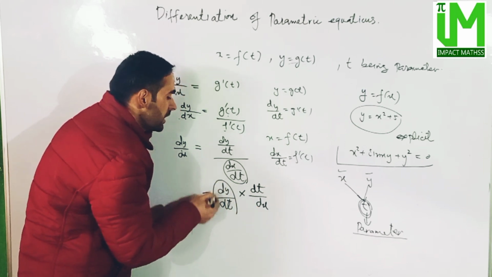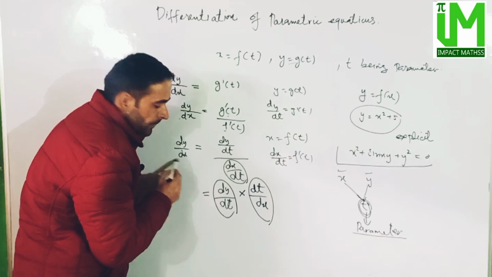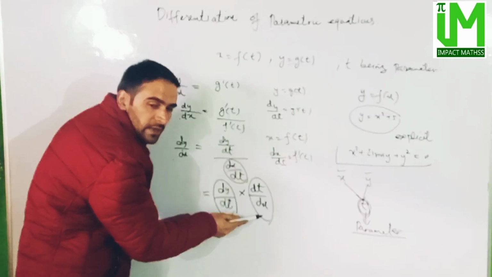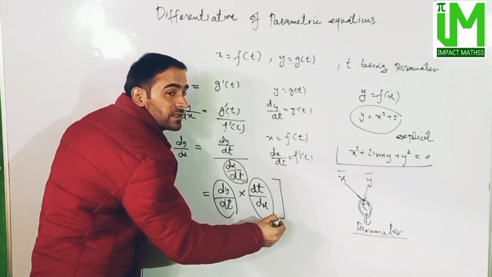This result is used more often: dy by dx is equal to dy divided by dt into dt divided by dx. In fact, this rule is called the chain rule.